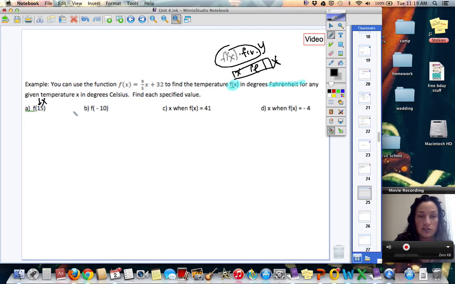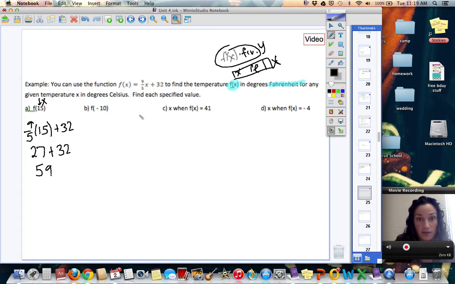So if I have 15 degrees Celsius, I can figure out what that is in Fahrenheit by plugging it in for x. So I have 9 over 5 times 15 plus 32. You do 9 times 15, divide by 5, and you get 27 plus 32, which is 59.